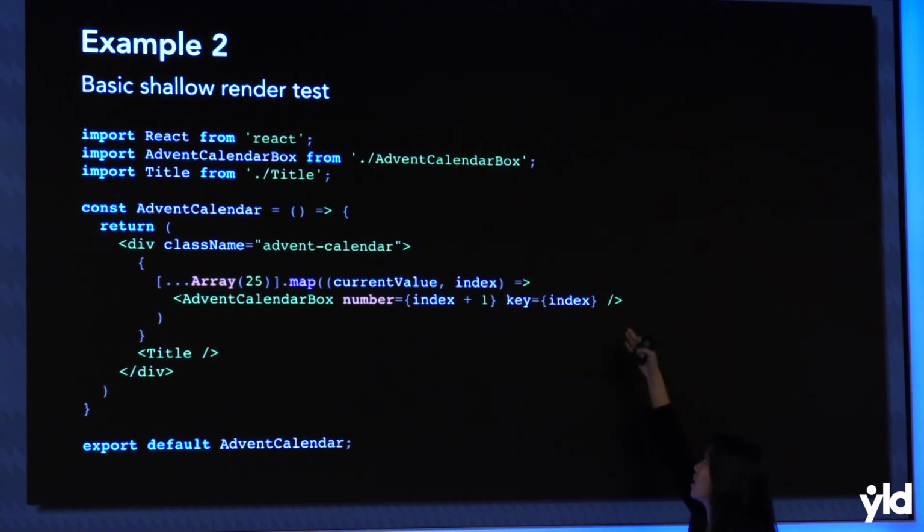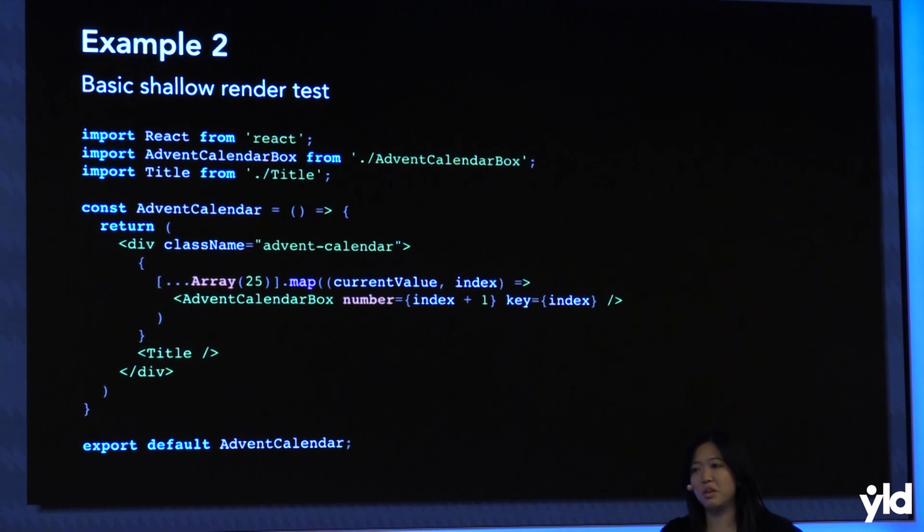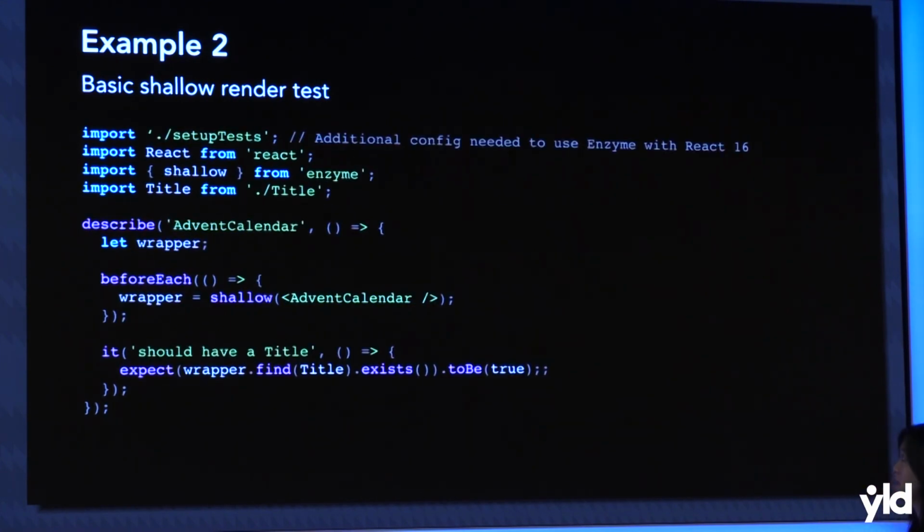So the index would be 0, 1, 2, 3, 4, and I want the number to be 1, 2, 3, 4. And I might also test the title, because if the title's not there, then users would be really confused as to what that weird meaty thing is. So for me that's important. Those are the three things that I'm going to test in this shallow example.